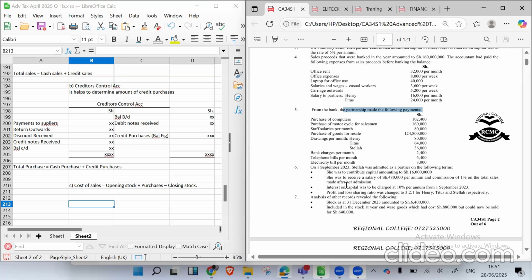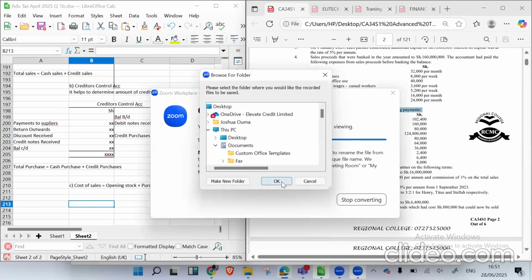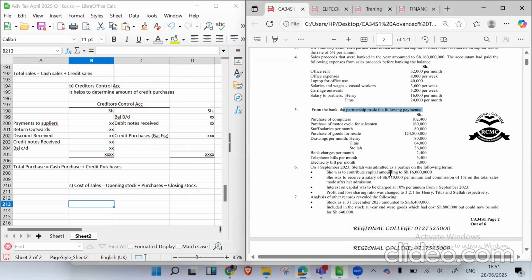Analysis of other records reveals stock as at 1st December, that's the closing stock, 6.4 million. Included in the stock at year end were goods which had cost 880 but could now be sold for 640. So stock is always valued at the lower of cost and net realizable value.